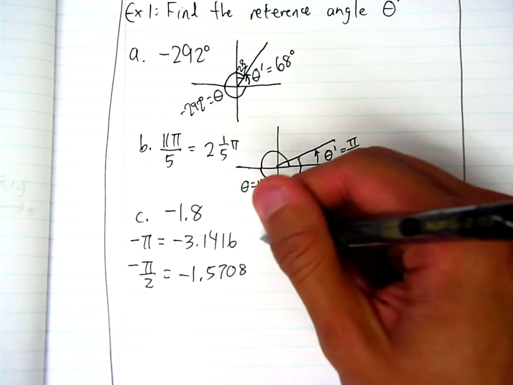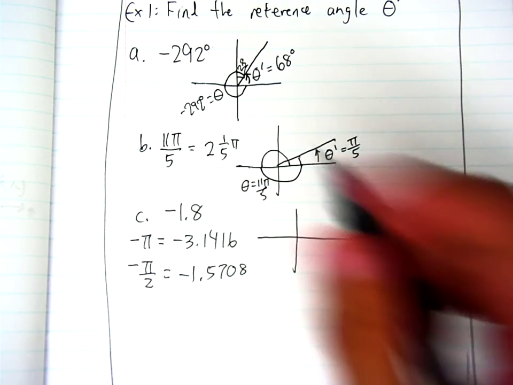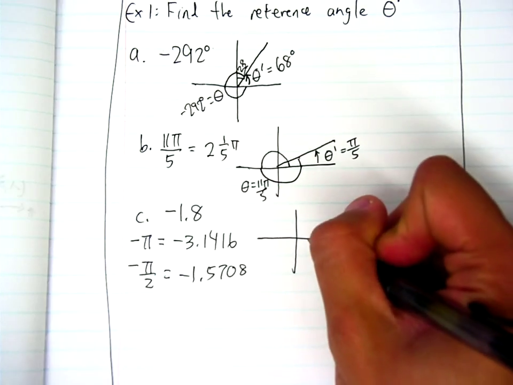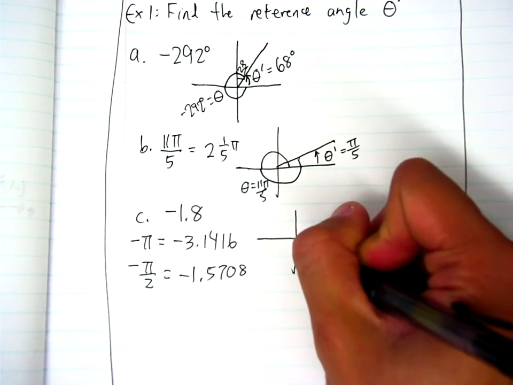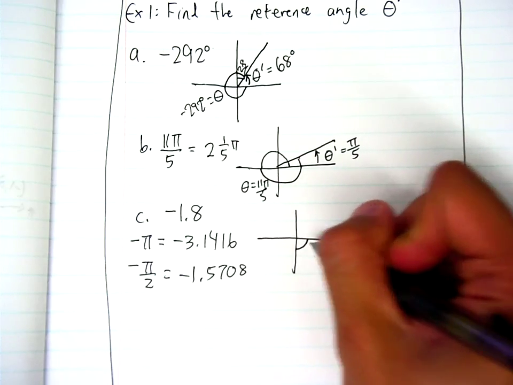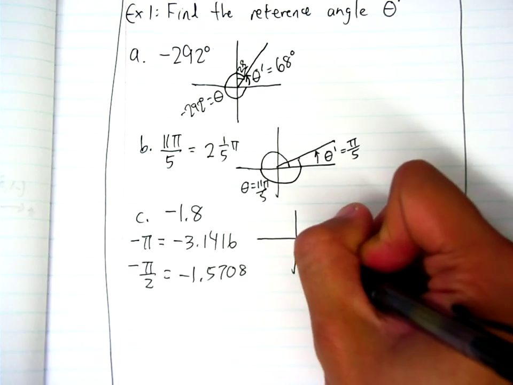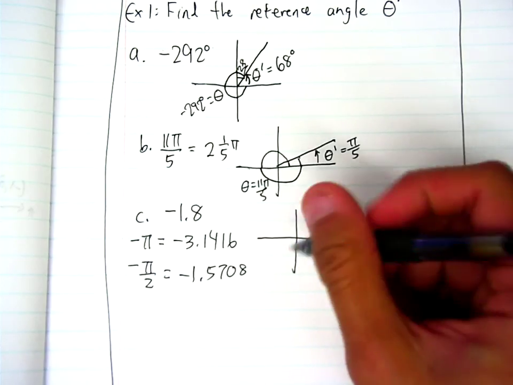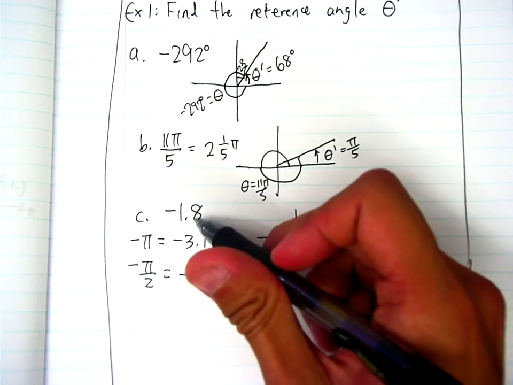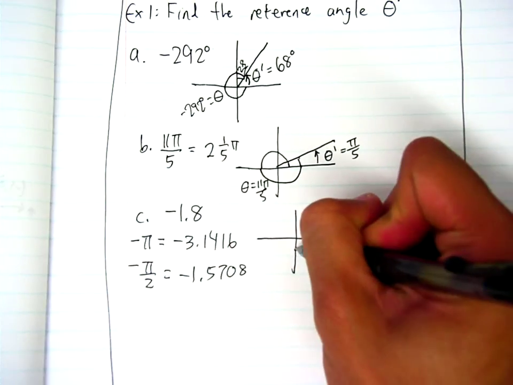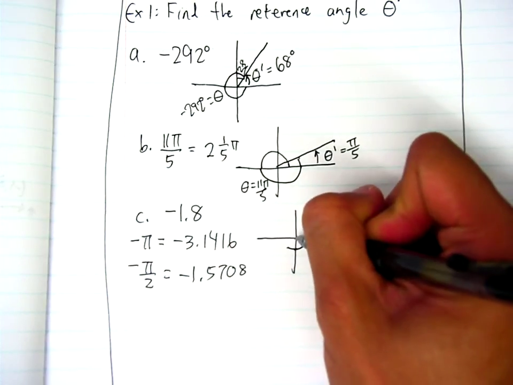If I want to draw it, here's negative 1.57. And then I need to go a little bit more, which is 1.8. So I'm just going to go about that right there.